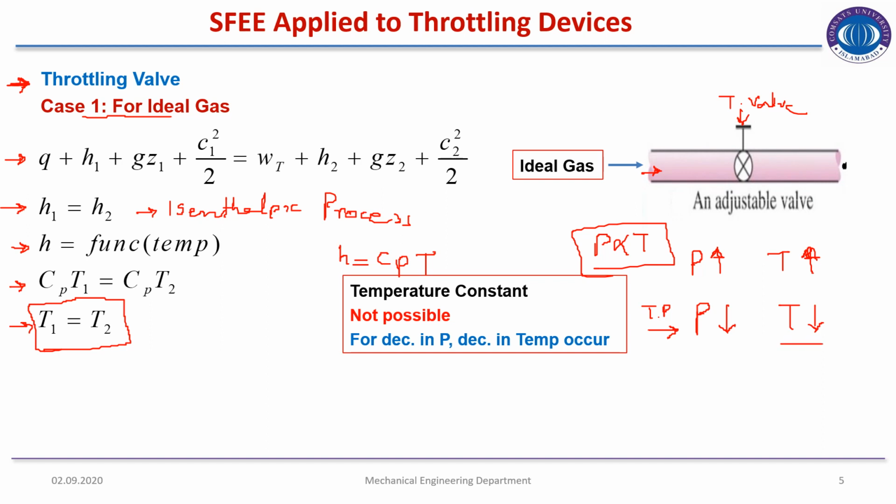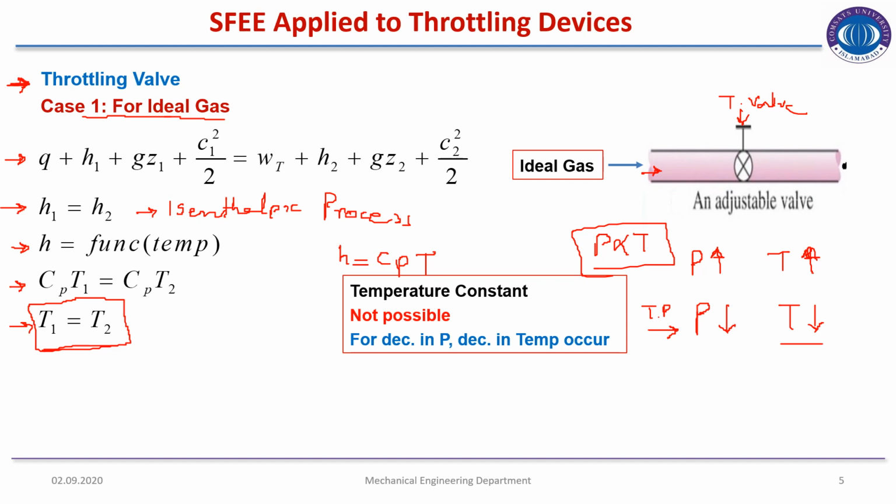Therefore, the temperature must also be reduced. But when we use ideal gas as a substance during the throttling process, the temperature at the inlet and exit will remain the same. So we cannot use ideal gas as a substance during the throttling process.